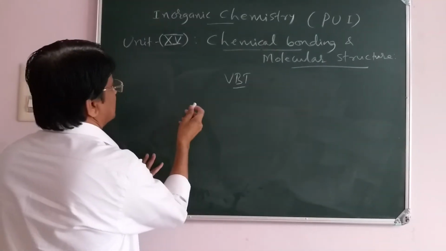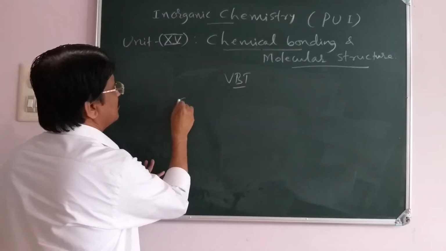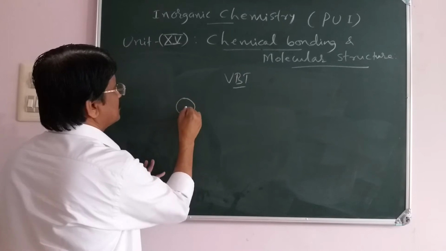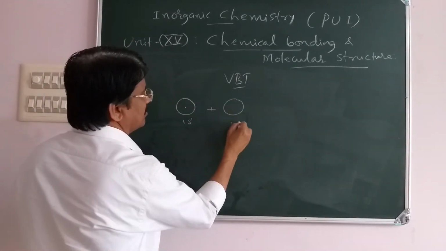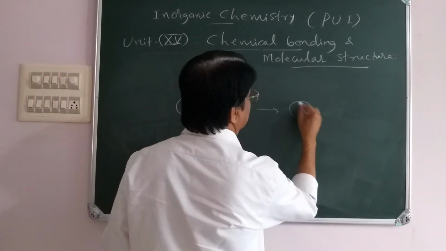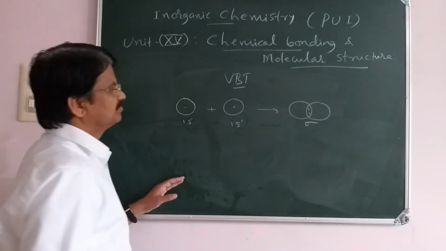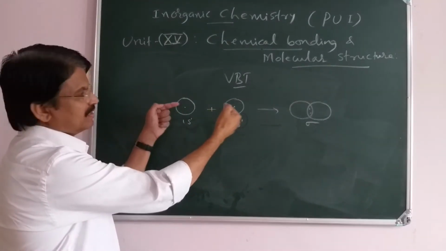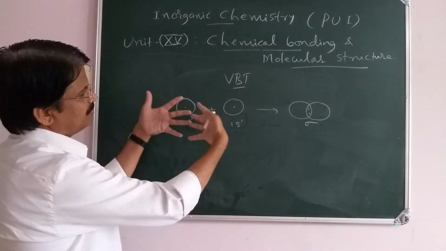Example, hydrogen s orbital 1s1, another s orbital 1s1, and they can combine. Valence electrons can combine with each other to form a sigma bond, called face-to-face overlapping.